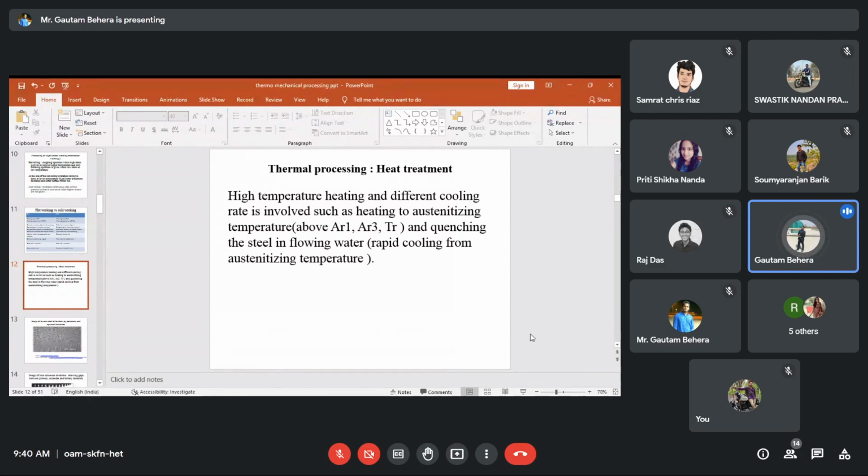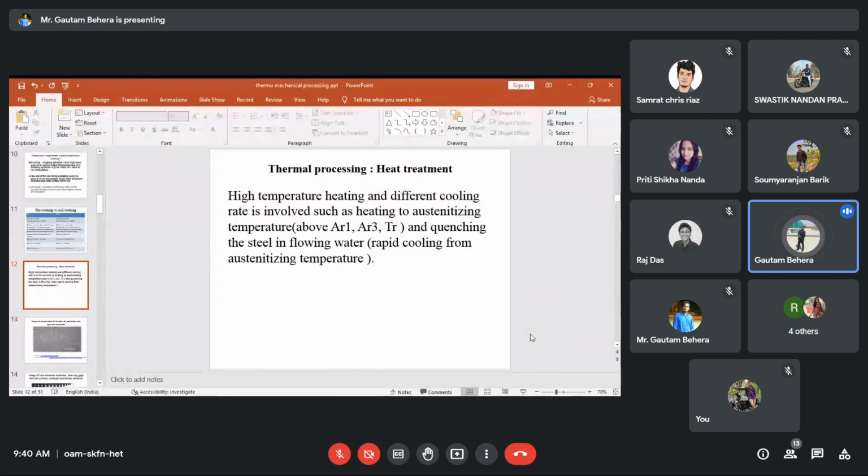What is Ar1 and Ar3? Okay, Swastik, can you answer this one? What is Ar1 and Ar3? No, sir. Sorry, sir. You people are going to appear for your GATE examination this Sunday, and you don't know what Ar1 and Ar3 are. This is completely terrible.